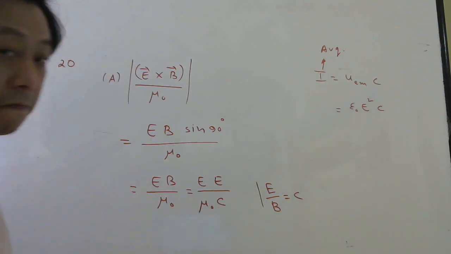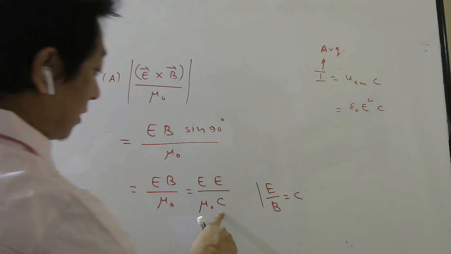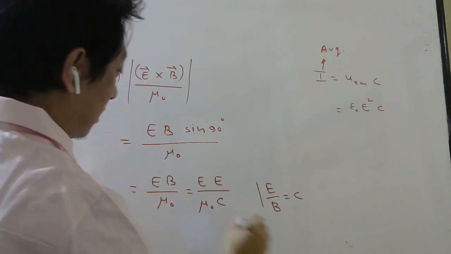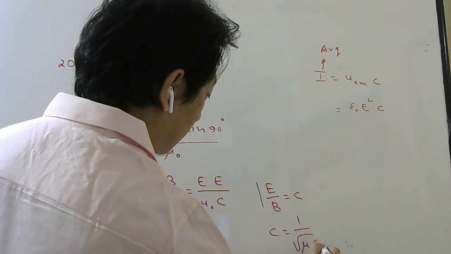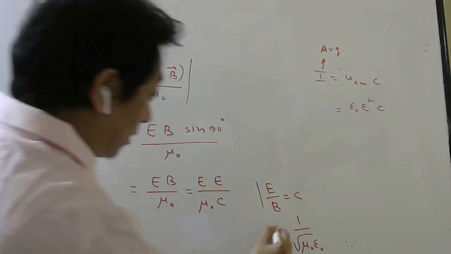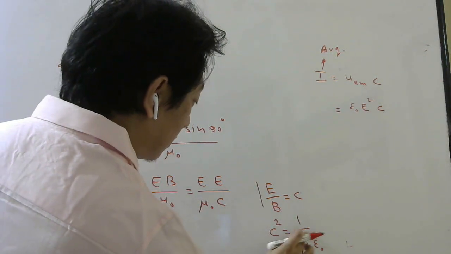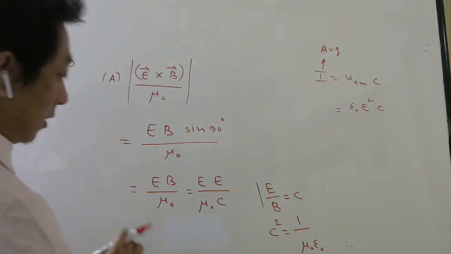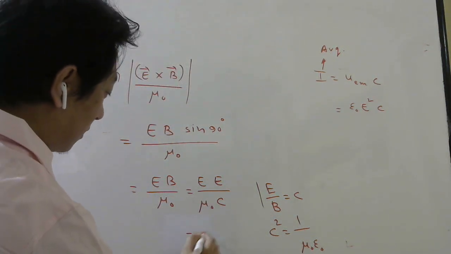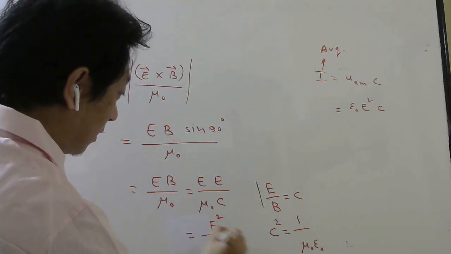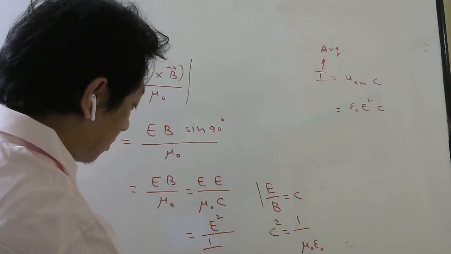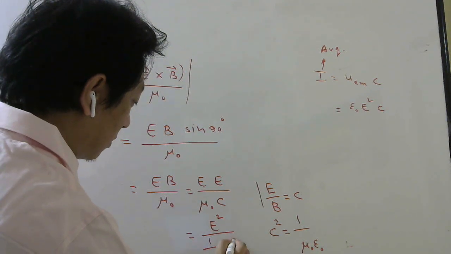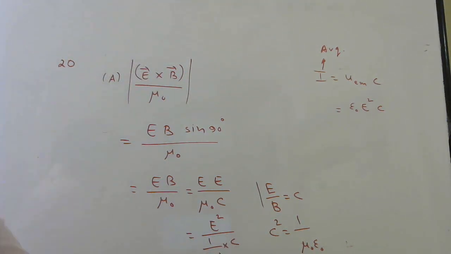Correct? Now C, because I want epsilon naught. So C, if you remember, is 1 by root over mu naught epsilon naught. So C square can be written as this value. So in place of mu naught, if I cross multiply, I can write 1 by epsilon naught C square, into E square into C. Correct, students?